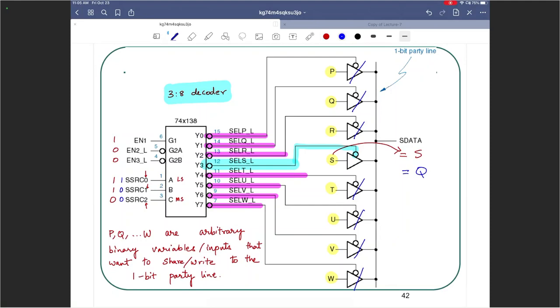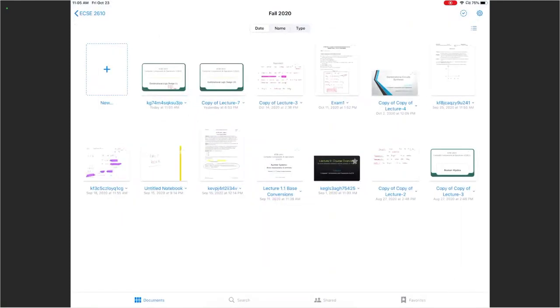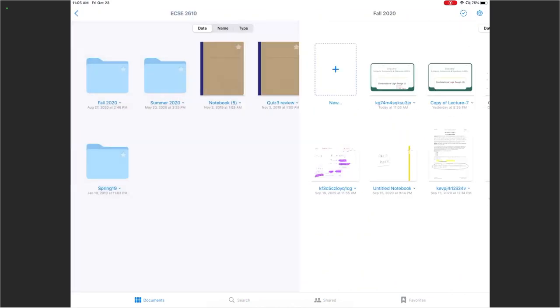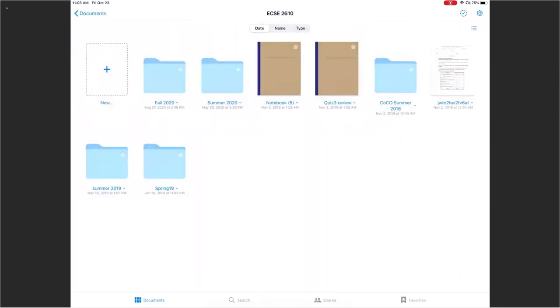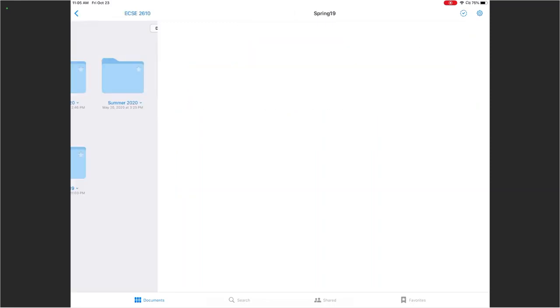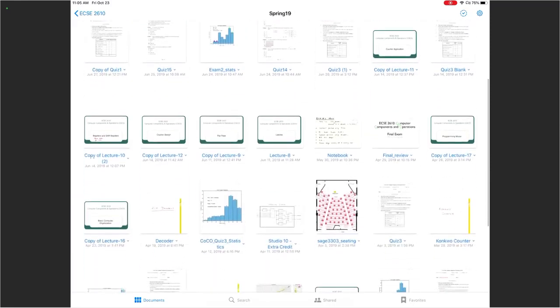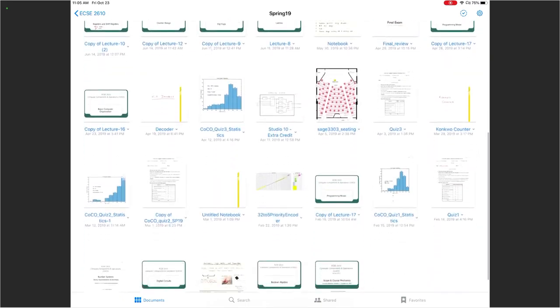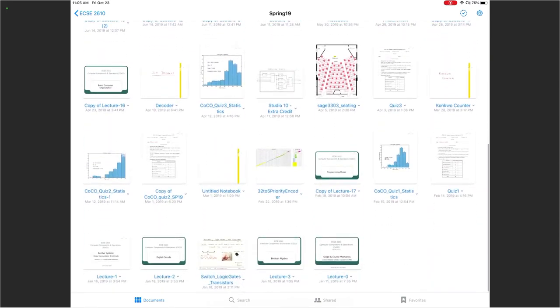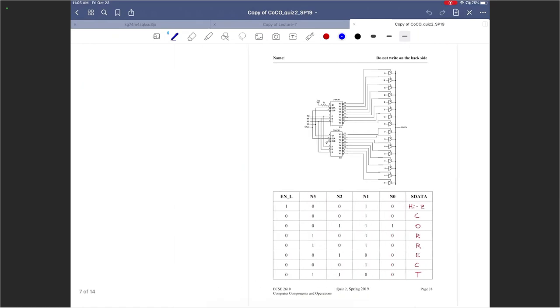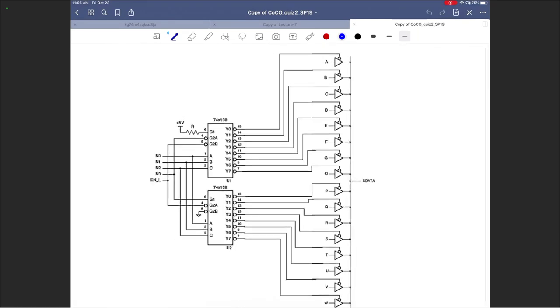Now, just for the fun of it, I'm going to show you something very interesting that I wrote for one of the exams with this. You see what I did here?